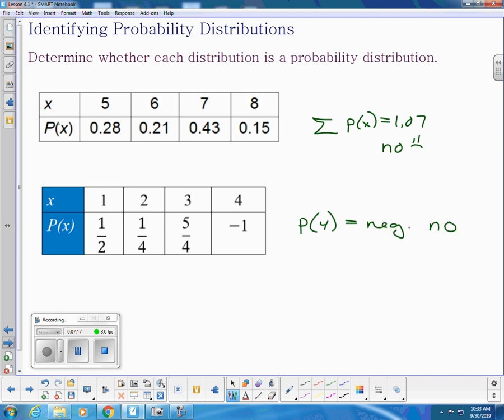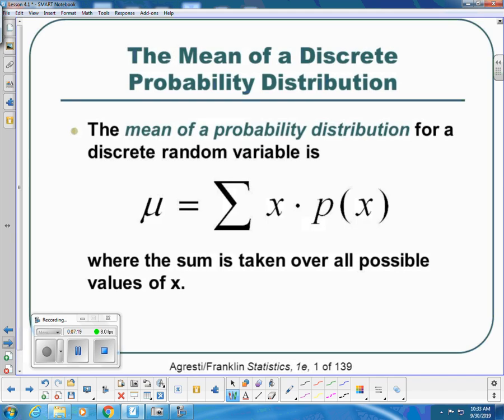Easy enough. The mean of a discrete probability distribution is the sum of each x times its probability. So you take each random variable times the probability and add them up. That is the mean.